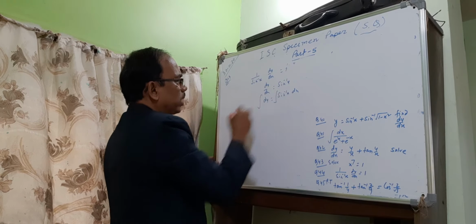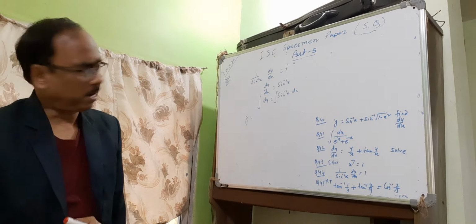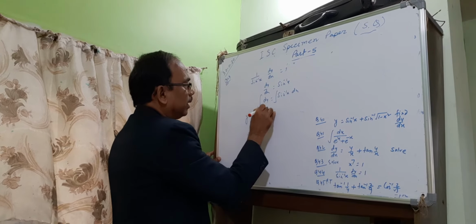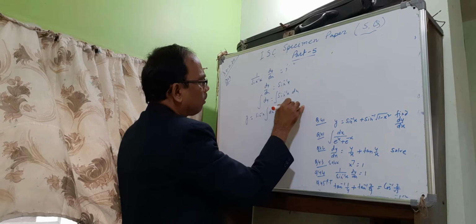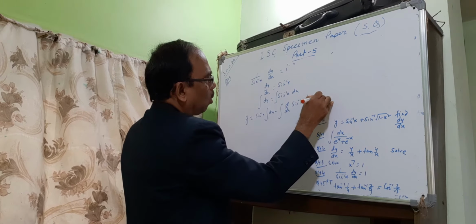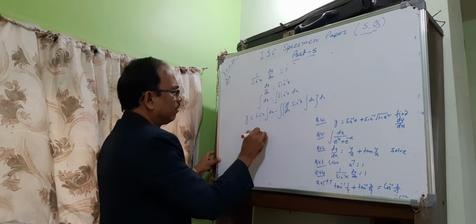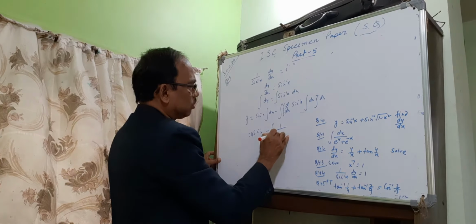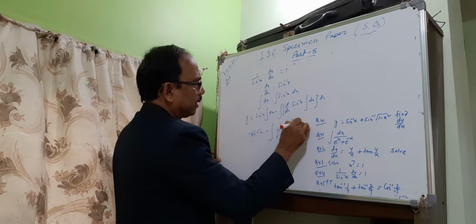Now integrating both sides, y equals, this is integration by parts, sine inverse x integration dx minus the integration of d by dx of sine inverse x times integration dx. That is x sine inverse x minus the integral of 1 by root over 1 minus x square into x dx.